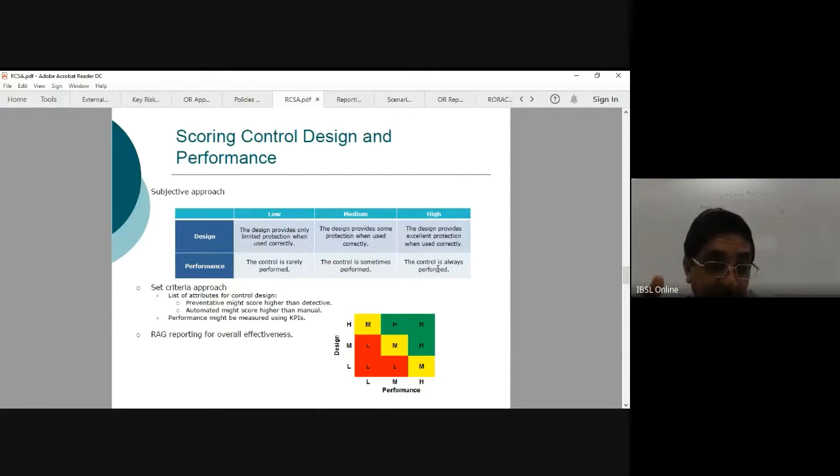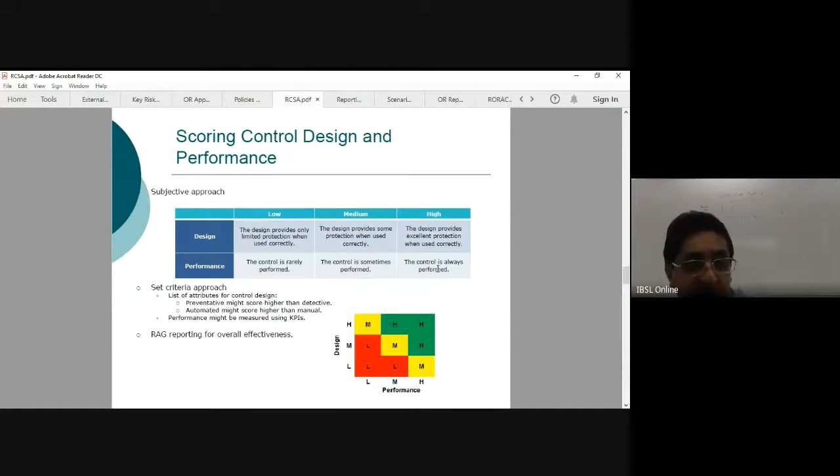When the design is low, the design provides only limited protection when used correctly. When it is medium, the design provides some protection when used correctly. If the design is high, we are here referring to the controls, that means the design provides excellent protection when used correctly.